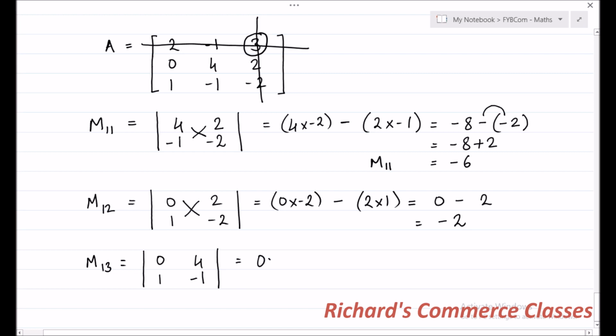Solving this, it will be 0 into minus 1 minus 4 into 1. That is equal to 0 minus 4, and the answer is minus 4.